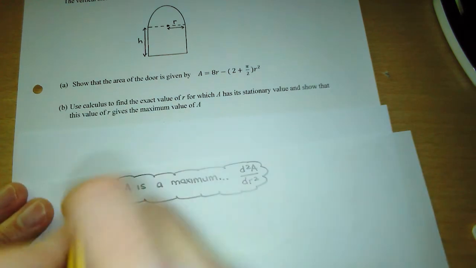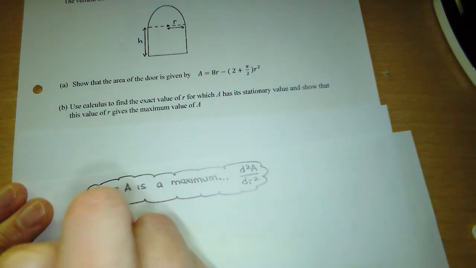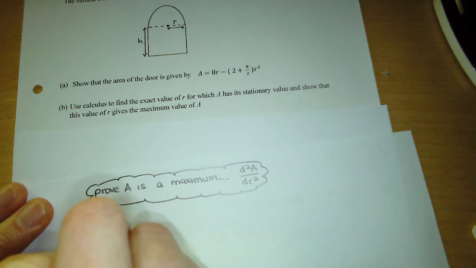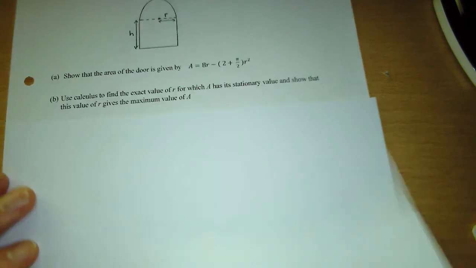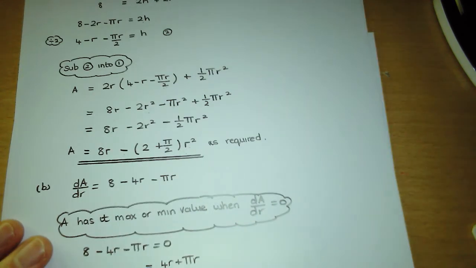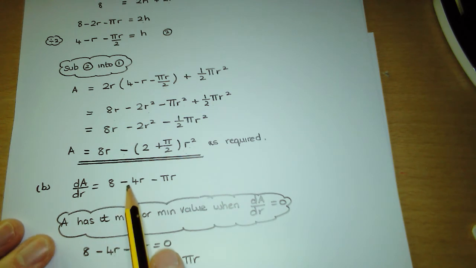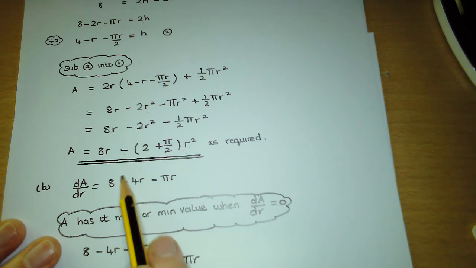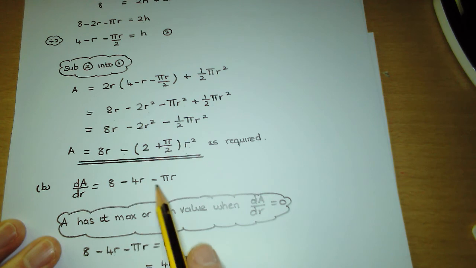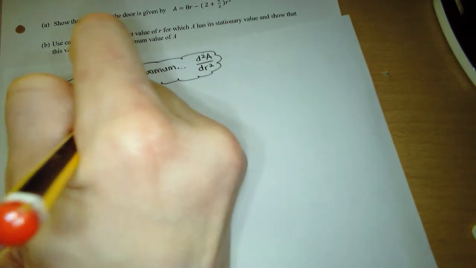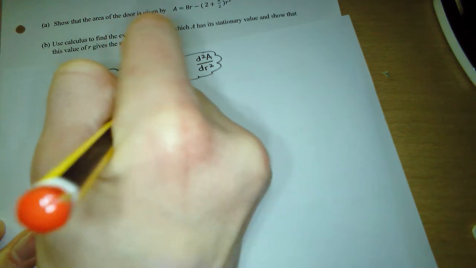Okay, so d2a by dr squared. So we go back to the first derivative. There's our first derivative, so we're going to differentiate again with respect to r. So if we do that, we're going to end up with just minus 4 minus pi.